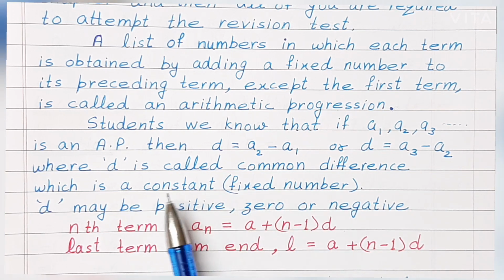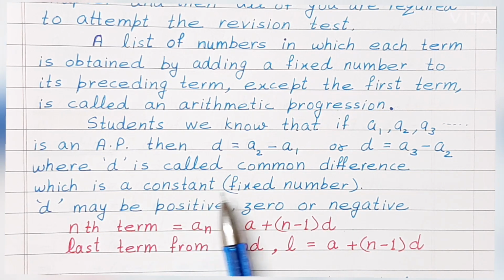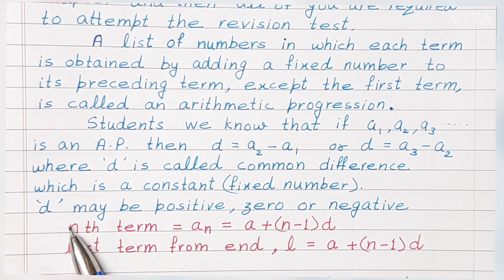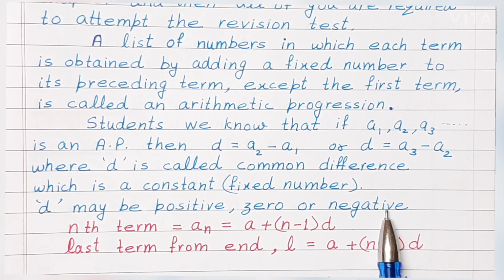Here D is a fixed number, and very important, D may be positive, 0 or negative. It can come in fractions also.